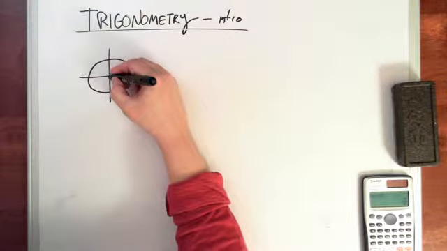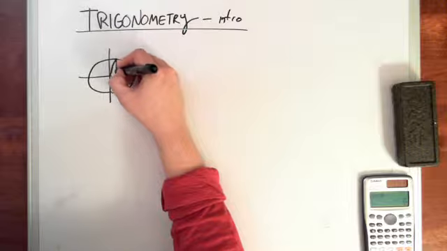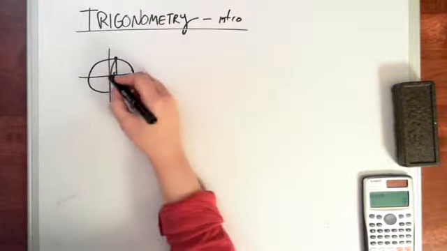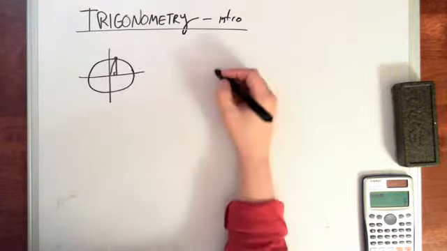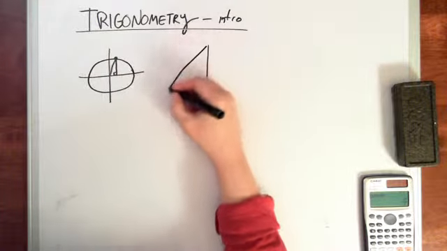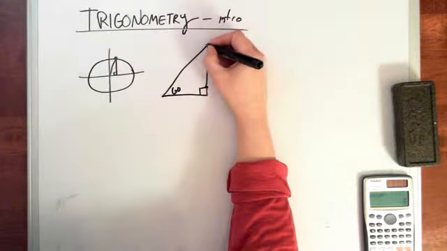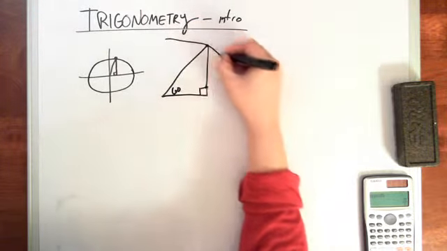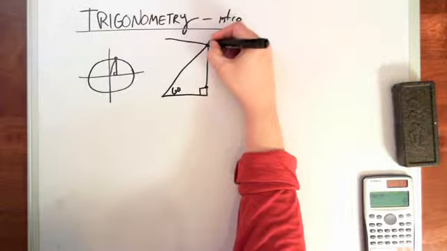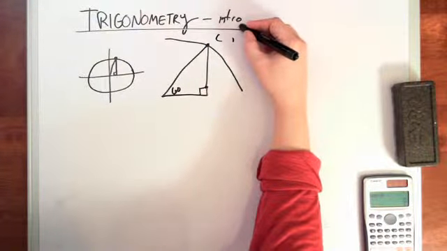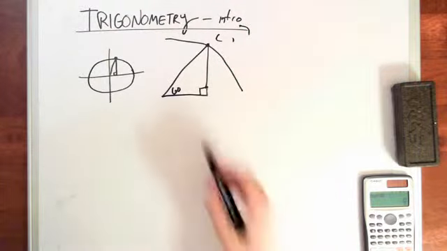So we want to go 60 degrees. So we want to find the point here, knowing that is 60 degrees. So let's draw this triangle just a little bit larger. 60 degrees. We want that point. And I want to be able to tell you what this point is. And then I want to give you the x and y coordinates.